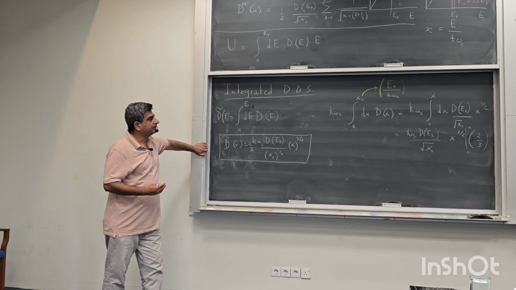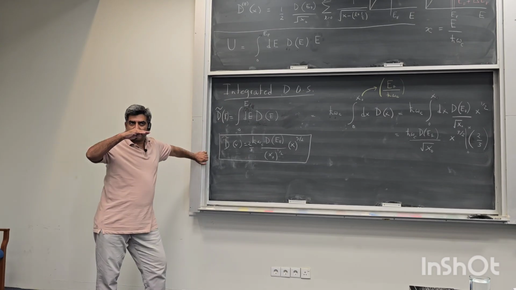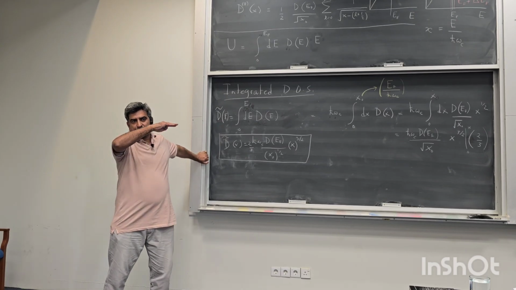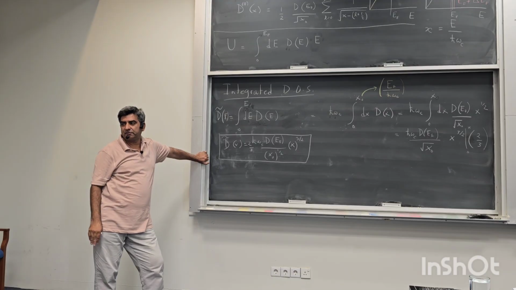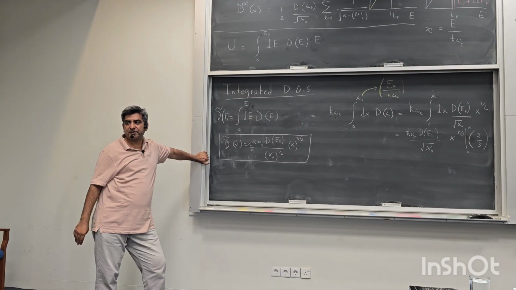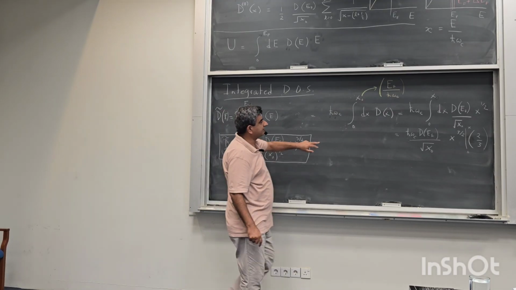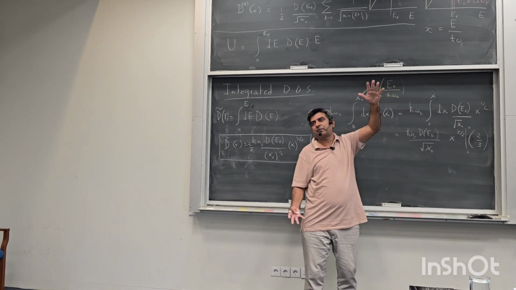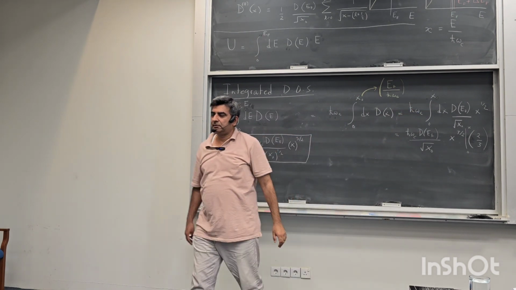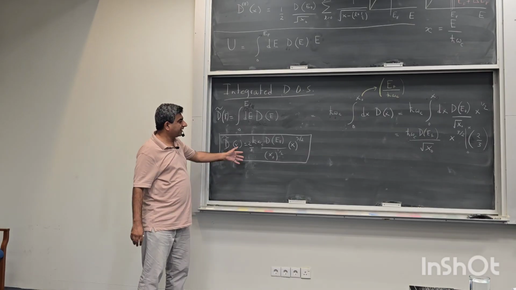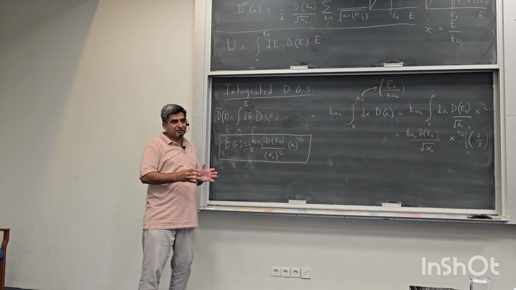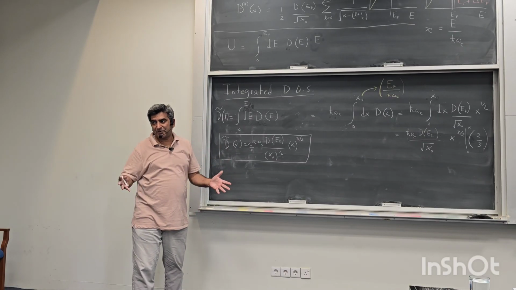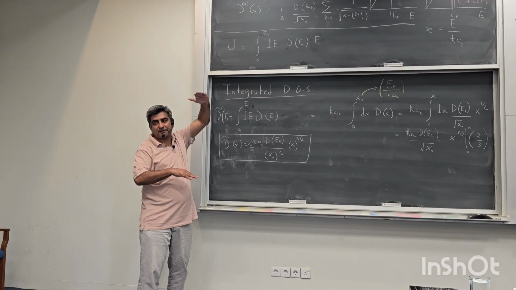It is equal to the number of states that exist up to a certain energy level. If this upper limit is equal to the Fermi energy, then it becomes the total number of states. So this integral is a dimensionless number which corresponds to the number of states up to a certain level.